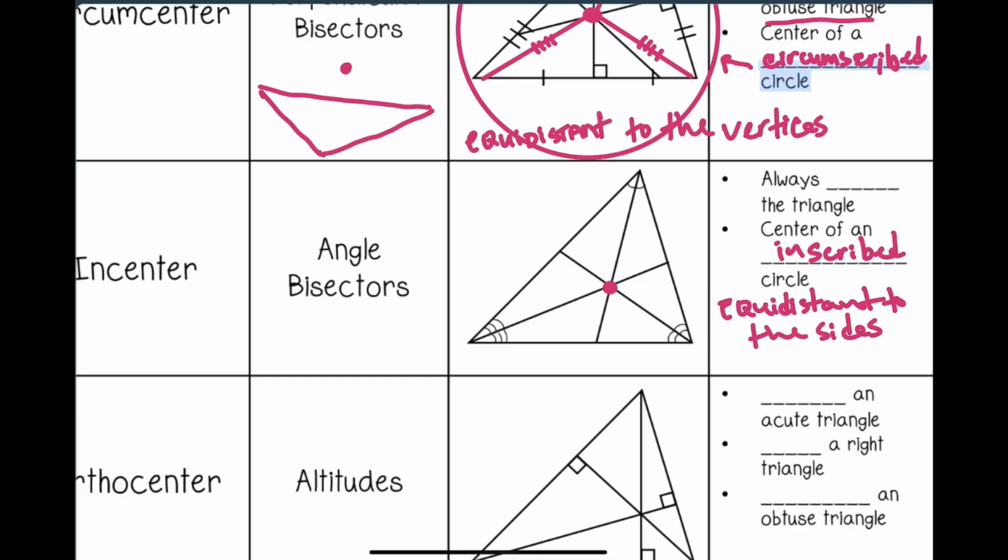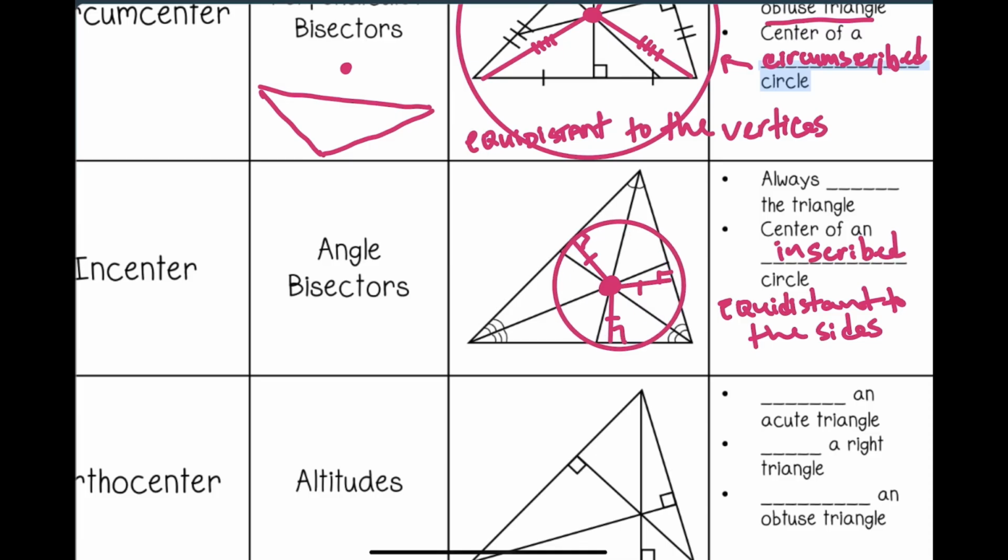So once again, if I were taking a ruler and I measured where I could make a 90-degree angle to each side, these would all be the same length, and I could put my compass point right here on that incenter and make a circle that touches each side.